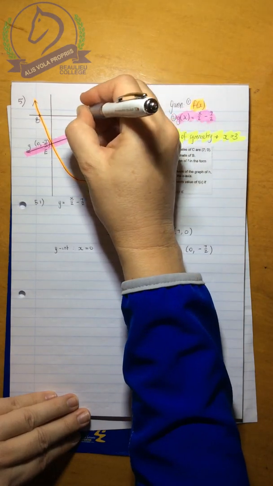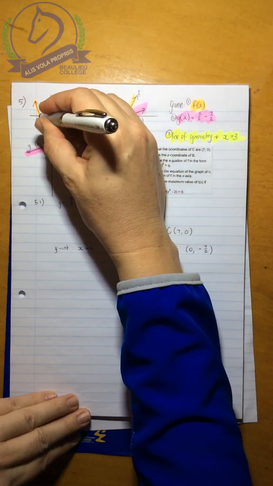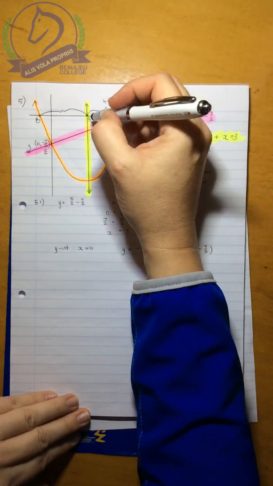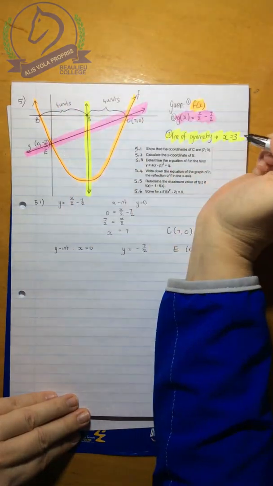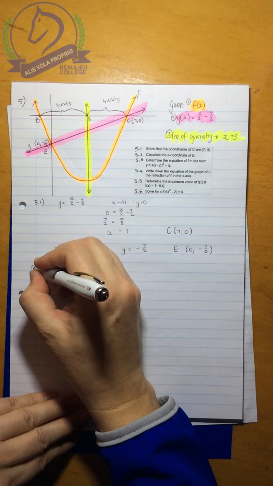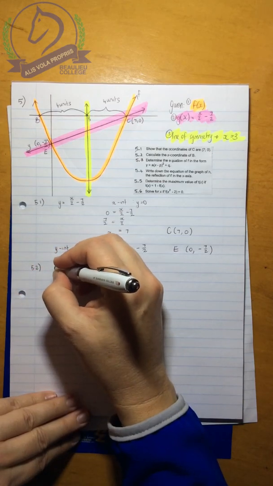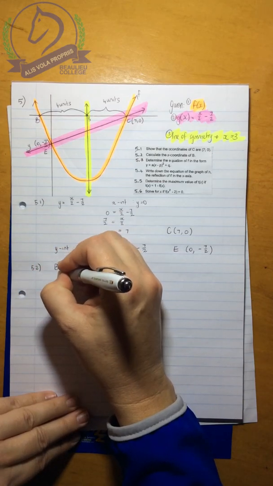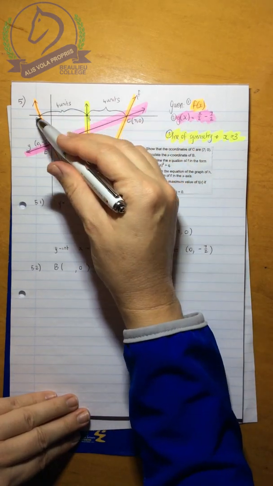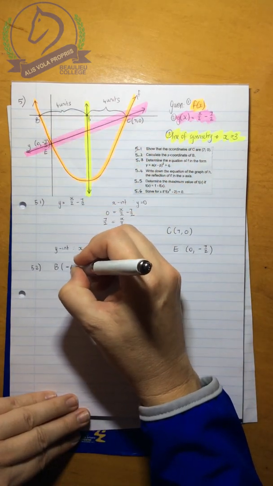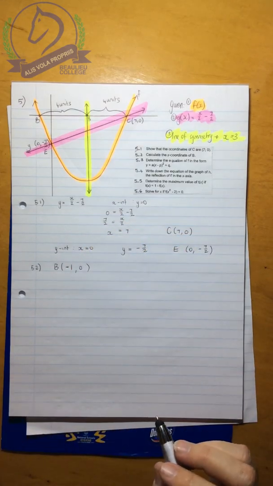Because it's a line of symmetry, it will mean that from the left-hand x-intercept to the middle, it will also be 4 units, which means I can answer 5.2 using lines of symmetry, which means 3 minus 4 will give me B at minus 1 and 0.